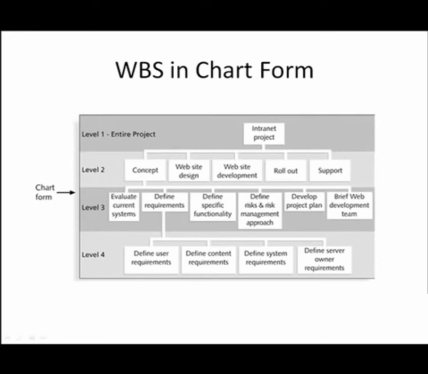Let's look at the numbering system that you're going to be using. There's a couple of different numbering systems that are mainly used. It doesn't really matter which one you use as long as you're consistent. In this case, the 5 major work areas, concept, web design, website development, so forth, are numbered 1 through 5.